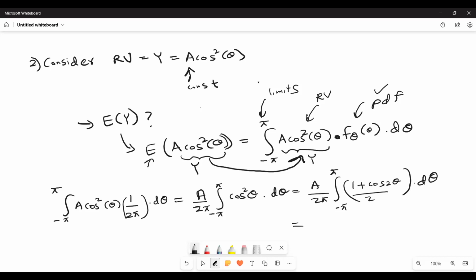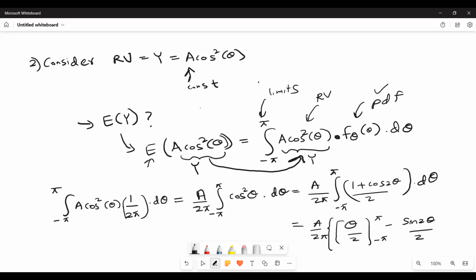Then I will have two parts, a over 2 pi. Firstly I have 1 over 2 integrated with d theta, which is theta over 2, and then minus, I will have the cos 2 theta divided by 2 part, which I need to integrate, and that will equal plus sine 2 theta over 2.